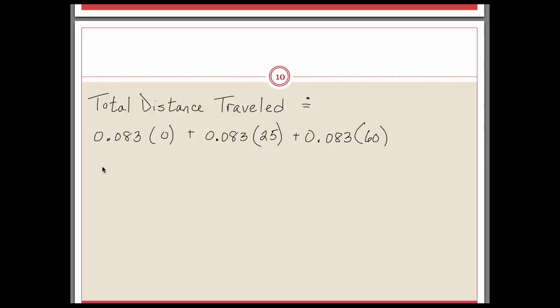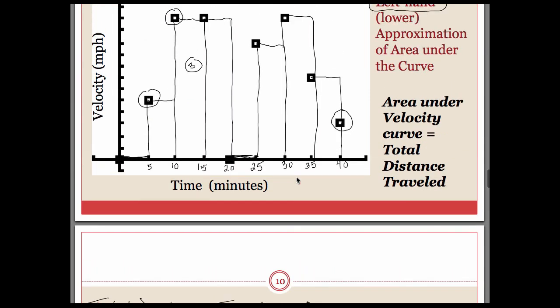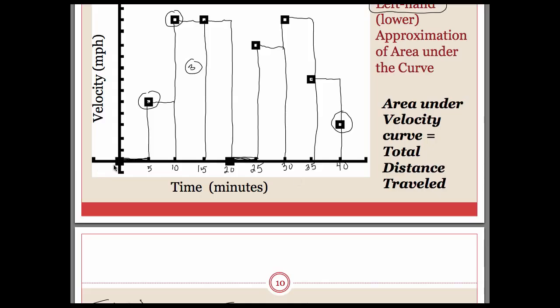And we just keep going for each of the other rectangles. So now we're up to the fourth rectangle. That had a width of 0.083. The height was still 60, still on the highway. Next rectangle, 0.083 for the width. Now the height of this one, all right, this is another one, remember, where the height was 0, right here.